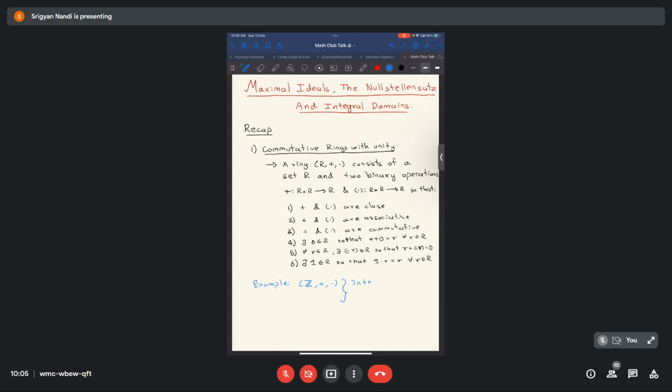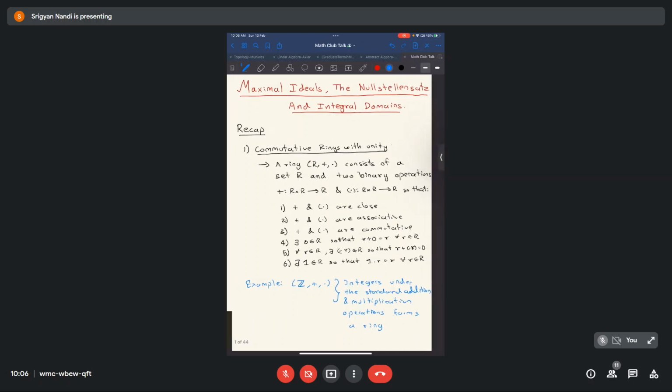So the integers under the standard addition and multiplication operations form a ring. I will not keep saying commutative rings with unity. I'll just say ring from now on.